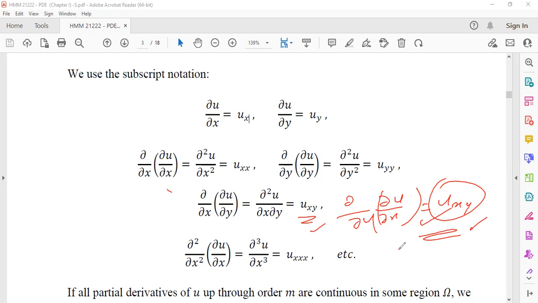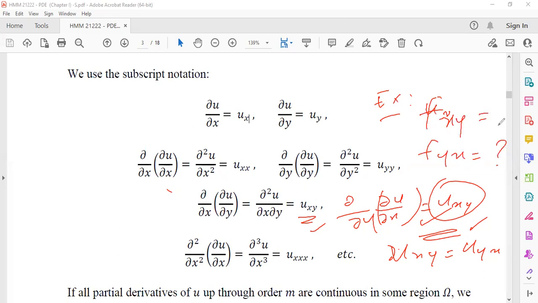In most cases we get u_xy equal to u_yx. For the exercises I gave you, you can also try f_xy and f_yx and see whether they are equal or not.